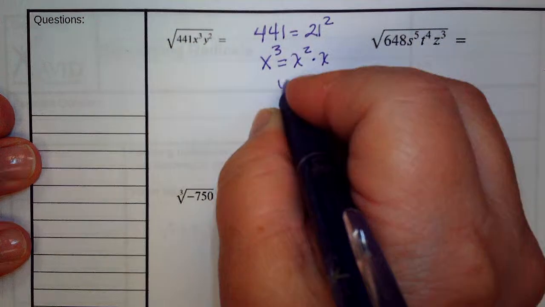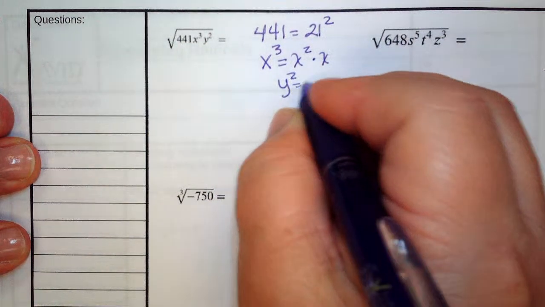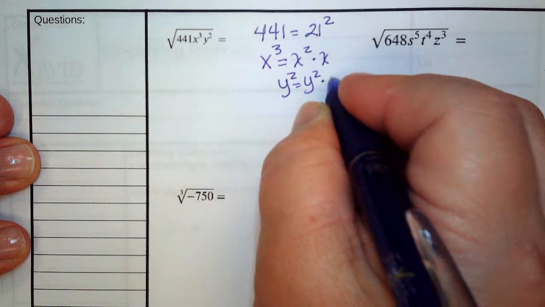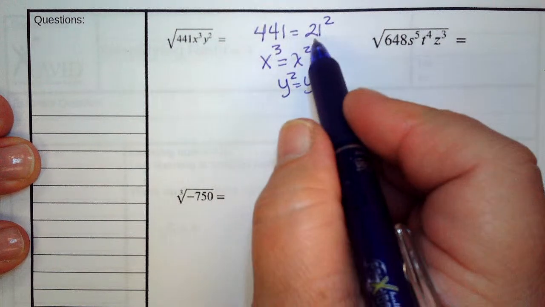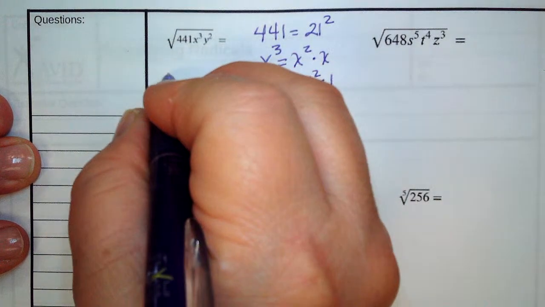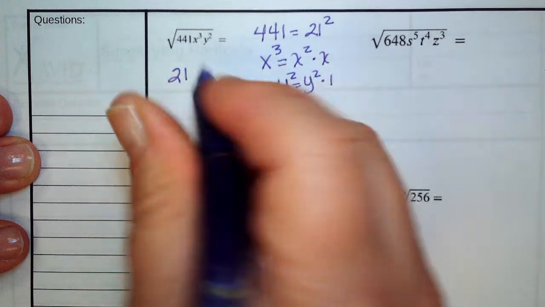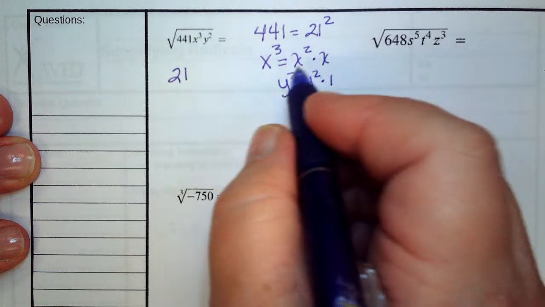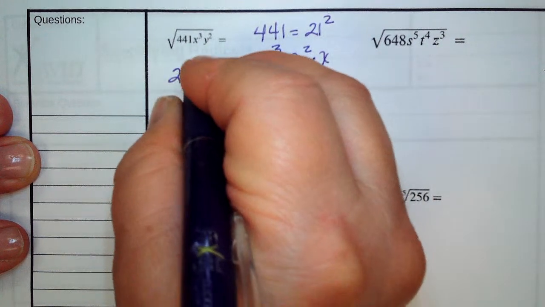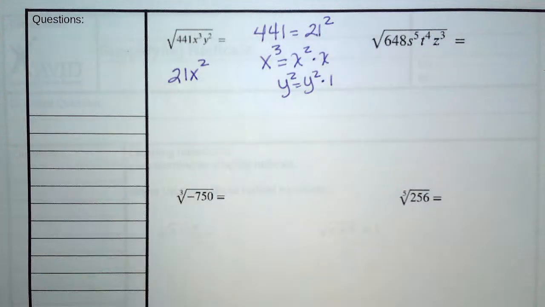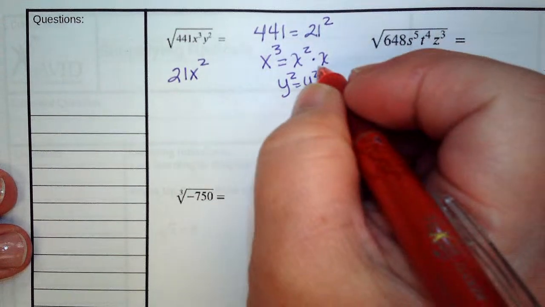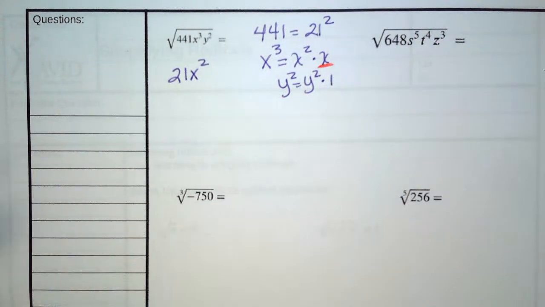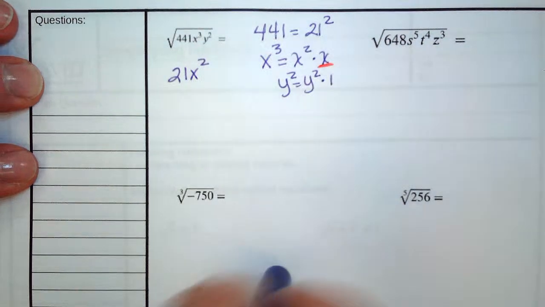So if I'm looking at this, I've got 21, because that's the square root of 441. I've got x squared, but this x does not have a pair. I've got x.